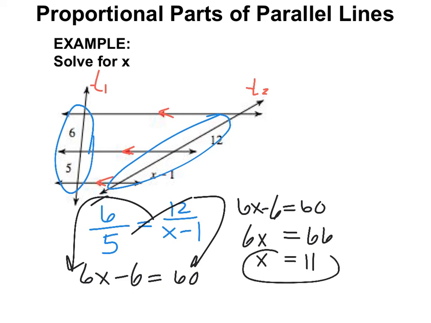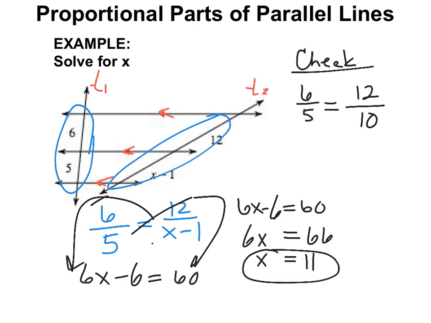So let's just check to make sure that that makes this proportion true. For it to make a proportion true, the 2 fractions on either side have to be equal. That's what it means to be a proportion. So we have 6 over 5 equal to 12 over 10, because 11 minus 1 is 10, since we've plugged in 11 for x.